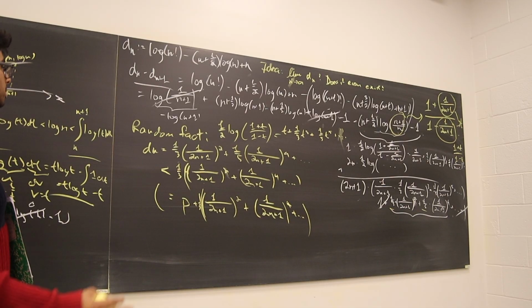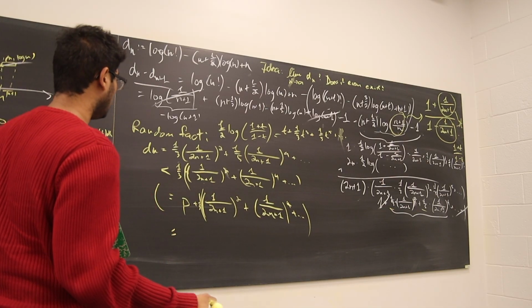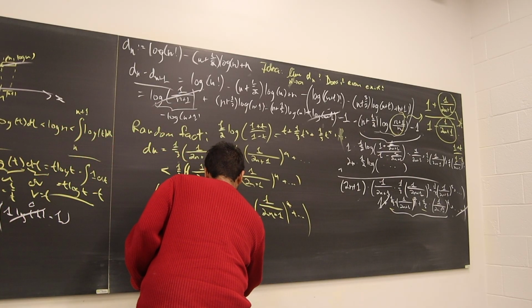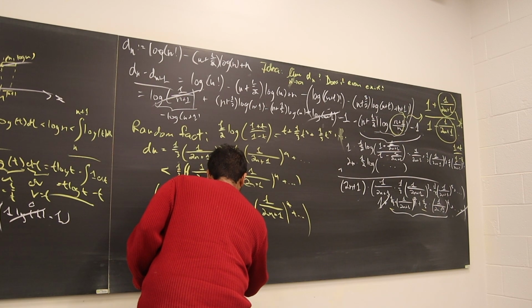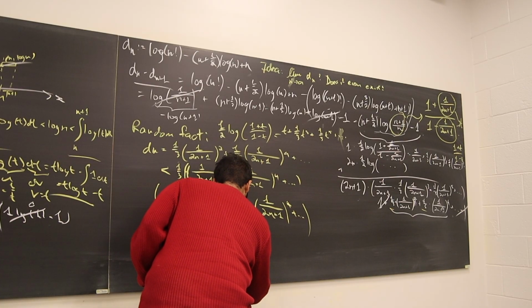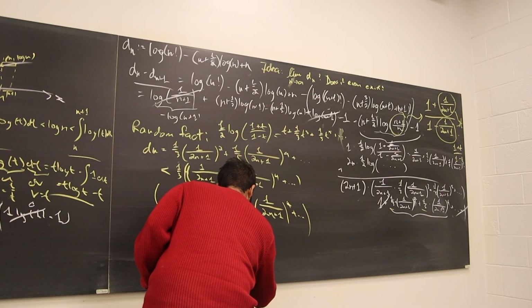So now, let's not beat around the bush, let's just do this geometric series. So this is a over 1 minus r, good old days. So 1 over 2n plus 1 whole squared, divided by 1 minus 1 by 2n plus 1 whole squared.